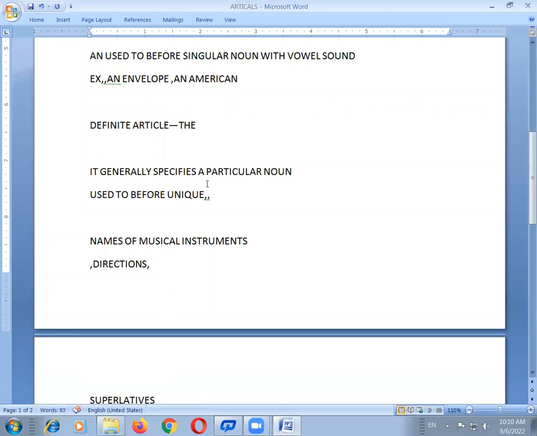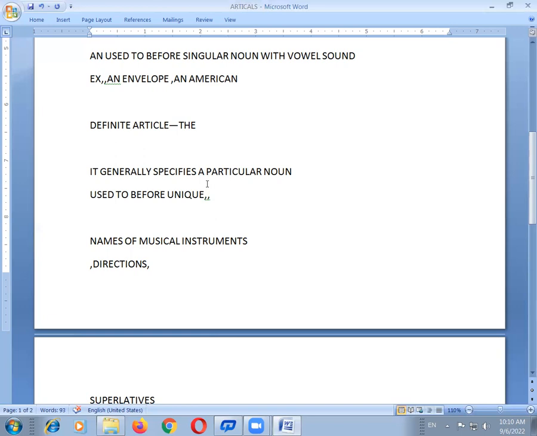Especially superlative degrees means the greatest, the best, the most famous, the most industrious, the most beautiful. We use the for superlative degrees, and before an adjective. And also before names of seas, rivers, chains of mountains, groups of islands, canals, waterfalls.